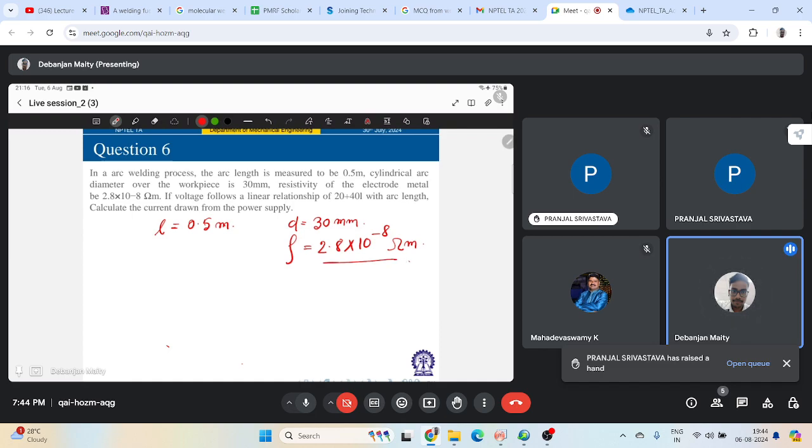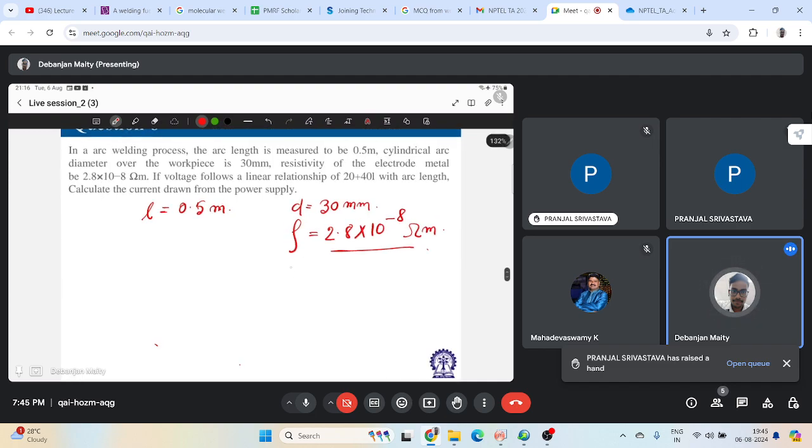If the voltage follows a linear relationship, voltage is equal to 20 plus 40L. I have used the same relation as in my earlier problem. I need to calculate the current drawn from the power supply. This is actually simple.